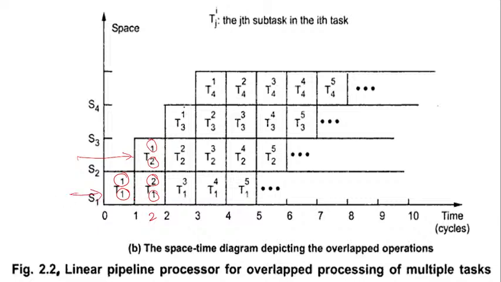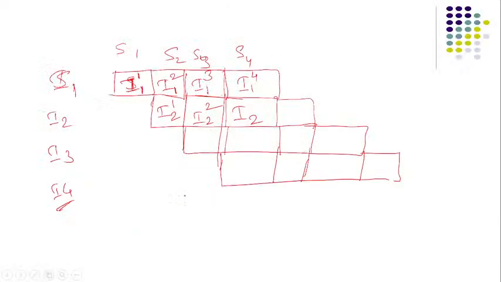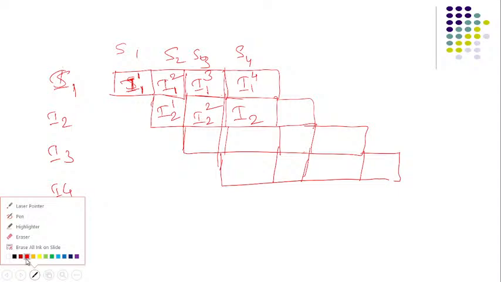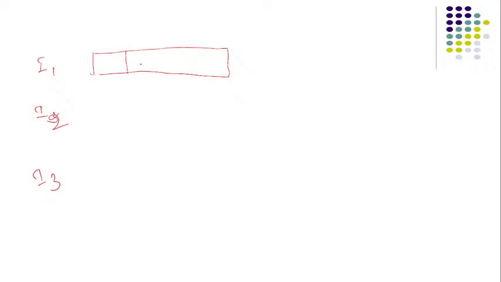During the third clock cycle, the first instruction is in the third stage, the second instruction in the second stage, and the third instruction is in the first stage. That is what we discussed. These are the instructions, 1 2 3 4 5.